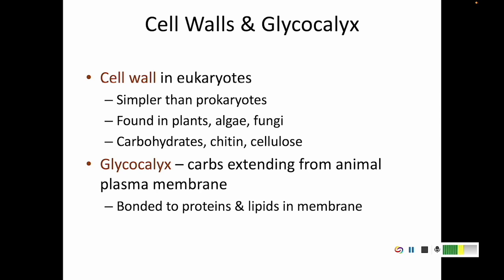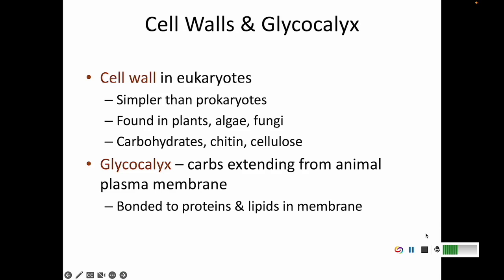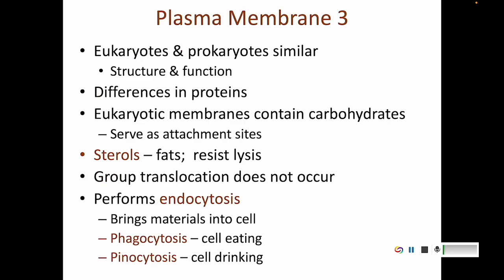Plants, algae, and fungi all have cell walls in them. In animal cells, we don't have a cell wall, but we do have a glycocalyx. A glycocalyx is a more slimy, loosely organized layer of carbohydrates that are outside of a plasma membrane. It will be bonded to the proteins and lipids within the cell membrane to stay attached to the cell.